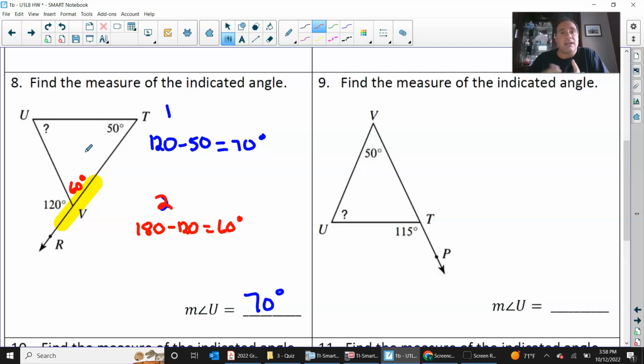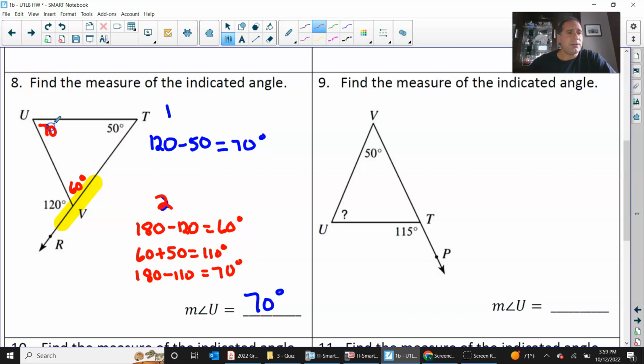It's easy for me to get the third one now just by adding 60 plus 50, getting 110 degrees, then taking 110 and subtracting it from 180, because the interior angles of a triangle, when you add them up, equal 180 degrees. So that's 70 degrees, and I have the same answer.